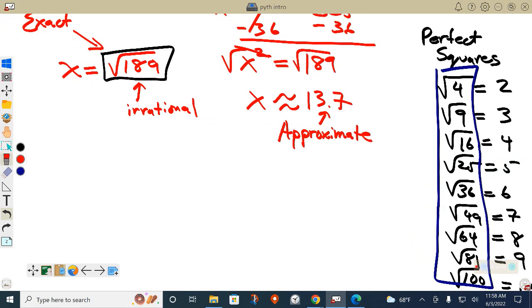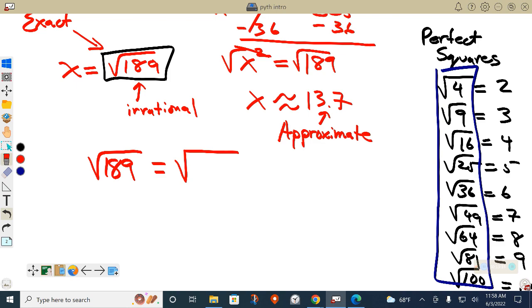The square root of 189. Can I rewrite it? Watch this now. Can I rewrite it, the square root of 189, as the multiplication of one of these as a factor of it? Watch, in other words, watch. The square root of 189, what number out of these listed fits into 189 as a factor? Let me start with the first one, 4.